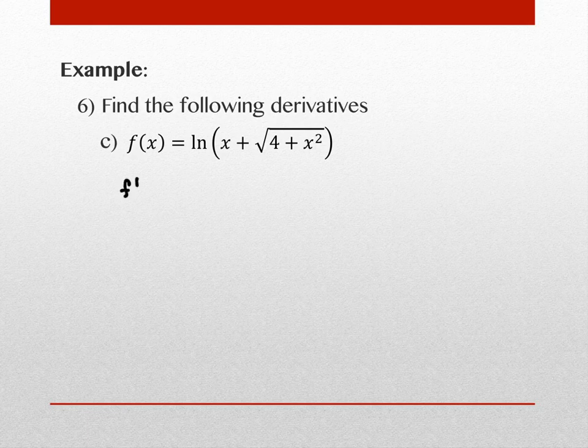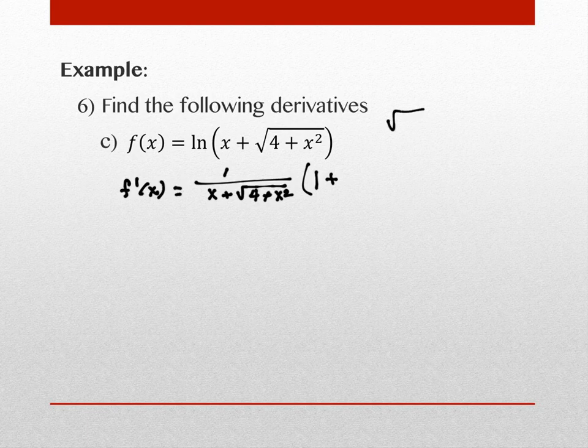So we will start by writing this as 1 over the interior of the log. So 1 over x plus the square root of 4 plus x squared. Then we need the derivative of that. Well, the derivative of the x is 1. The square root of 4 plus x squared is a chain rule, right?